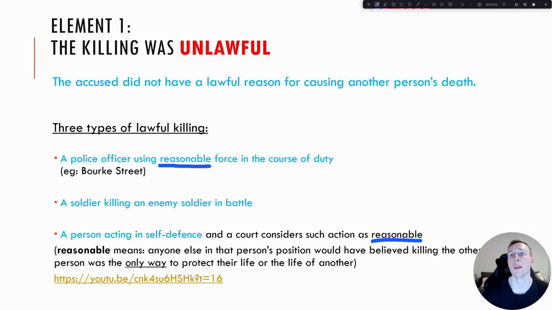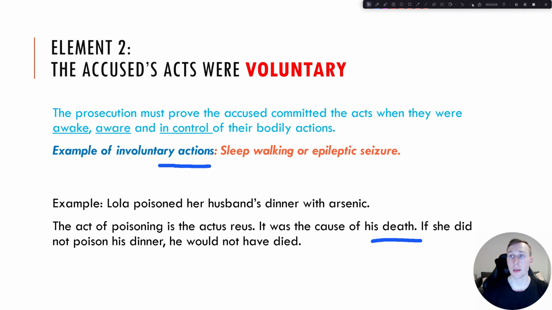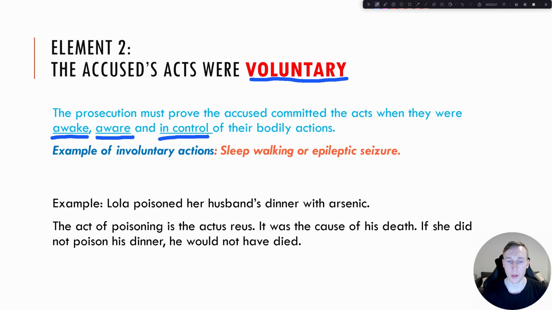The killing was unlawful. Secondly, we need to prove that the accused's actions were voluntary. And what that means is, did the accused know what they were doing? So most commonly, when the accused's actions are voluntary, they're awake, they're aware, and they're in control of their actions.